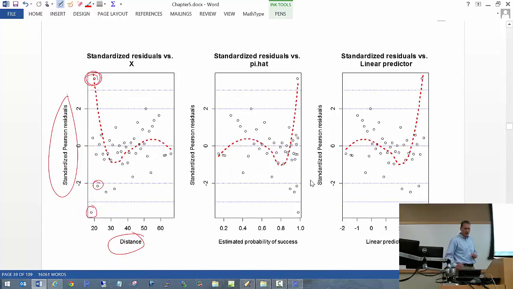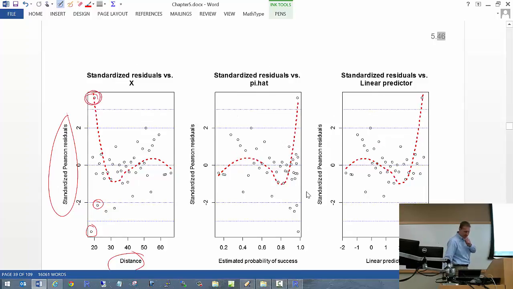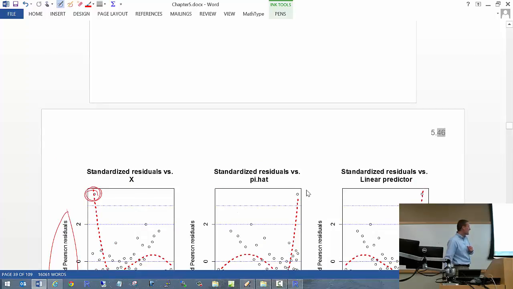But other than that particular observation, if you look at all the other ones, this model seems to be doing a relatively okay job. I'll backtrack there a little bit. So you see these red lines here?